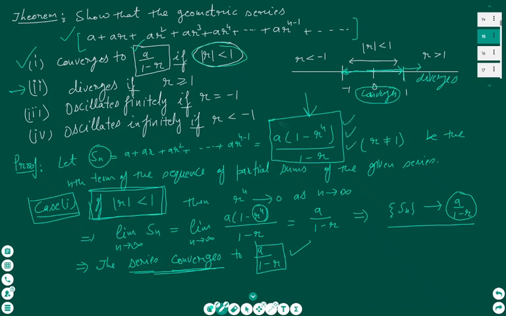So if we are not able to find the sum of first n terms of a series, then it would be difficult to discuss the convergence of that series, because the behavior of Sn is the behavior of the series. If Sn is convergent, the series converges. If Sn does not converge, the series does not converge.